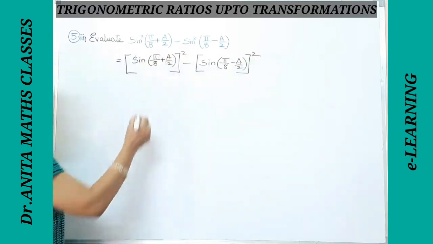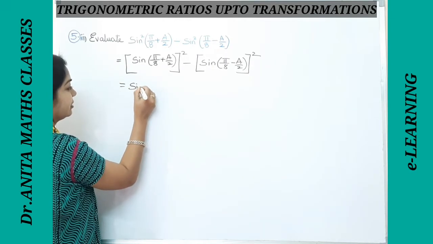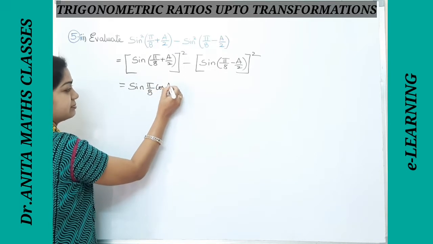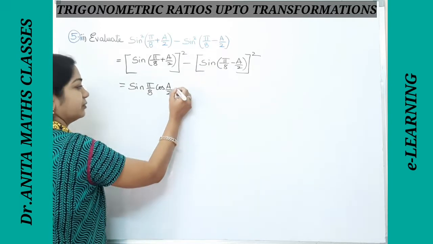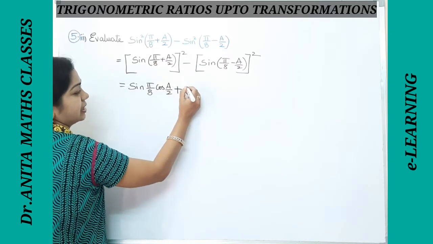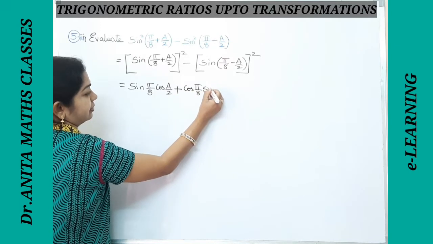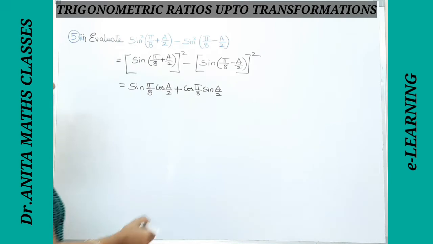So we will expand it, sin a plus b and sin a minus b. So sin a cos b plus cos a sin b. Okay, that is the formula. And for the sin formula, you have only the same sign, plus is plus. So here a and b are pi by 8 and a by 2.